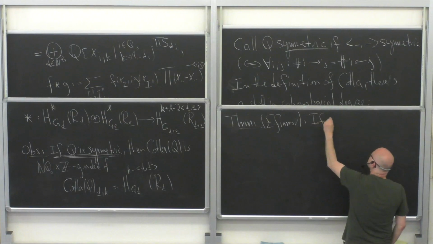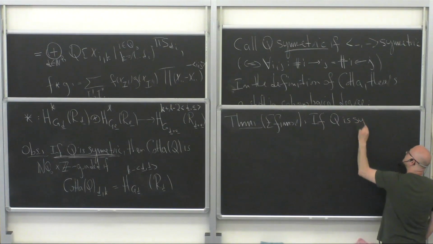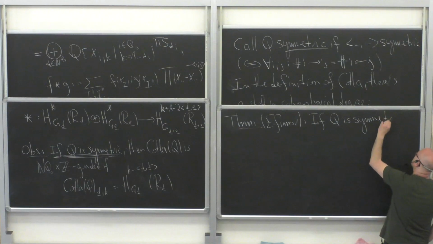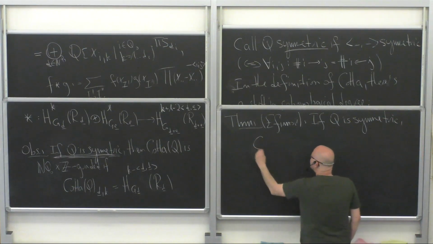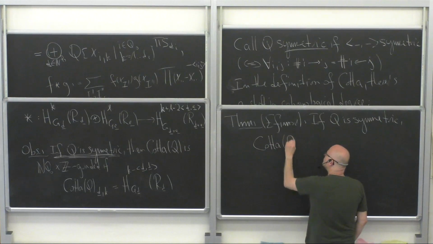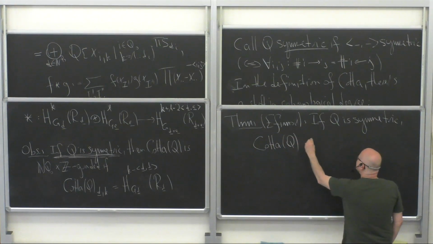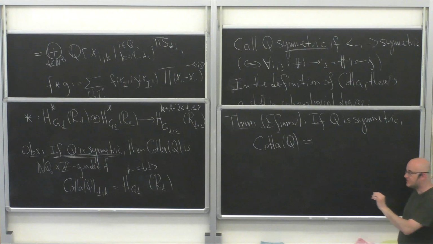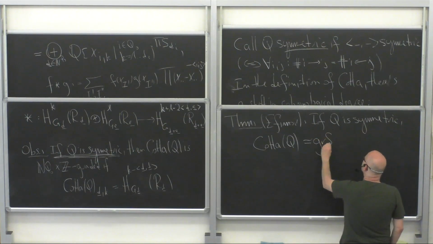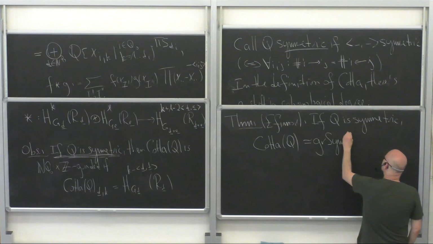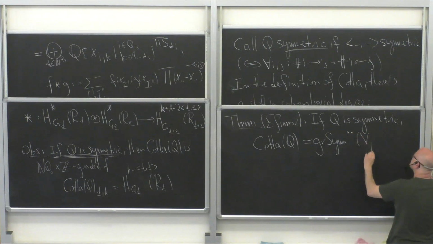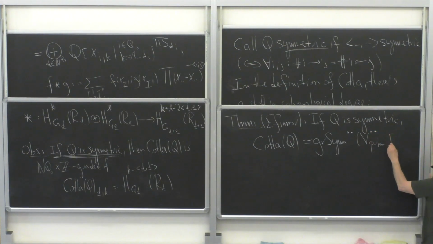If Q is symmetric, then the cohomological Hall algebra of Q with respect to this grading is automatically a graded symmetric algebra over a certain space of primitive elements, and then you have a free variable z in degree (0, 2).